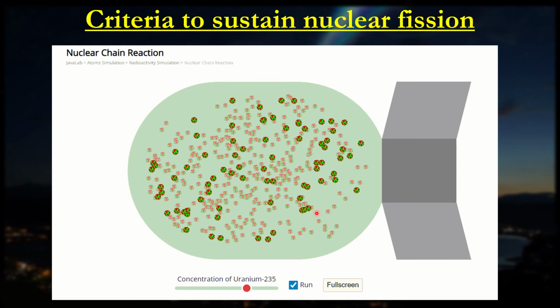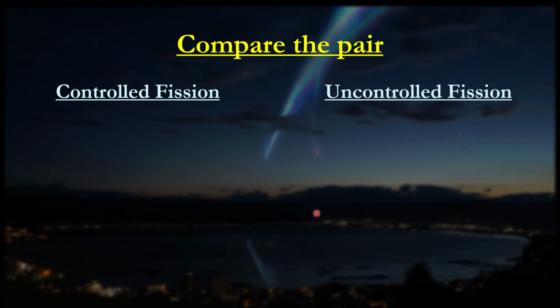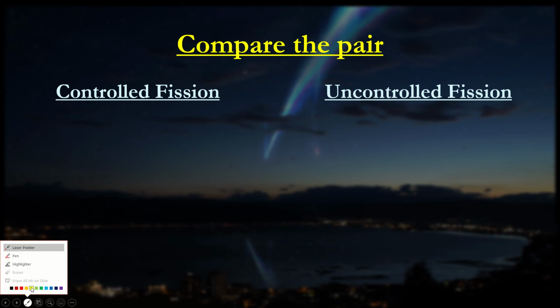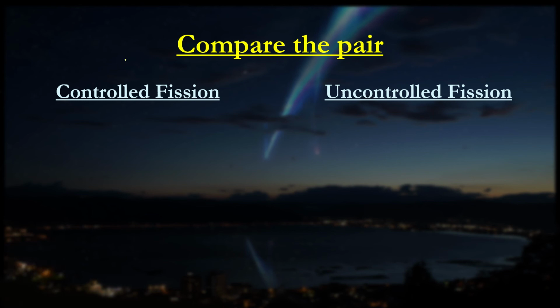Then we'll look at the uncontrolled one where it spreads apart to all the different atoms until it runs out completely. So let's look at a controlled fission reaction and an uncontrolled fission reaction. In the first one we have here, we have gone for the subcritical mass.